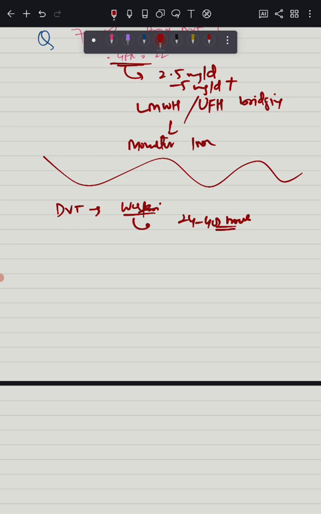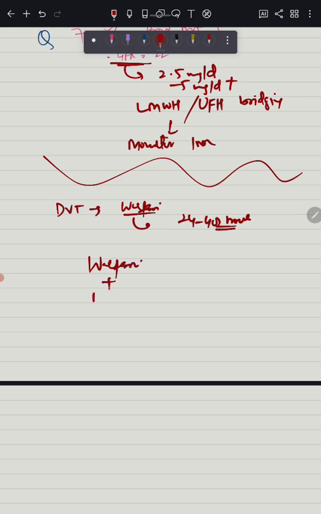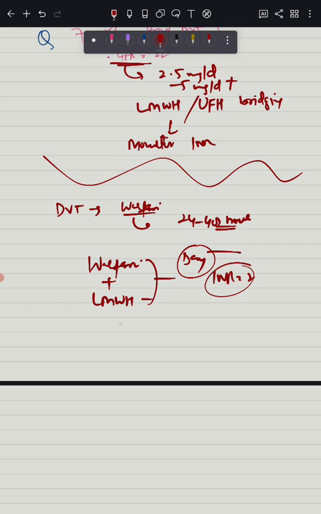So for instance, if we have given warfarin plus low molecular weight heparin and it is day 2 but INR has become 2, what will you do? You will continue both for greater or equal to 5 days, even if INR has become therapeutic earlier. And then you will check INR daily after day 3.